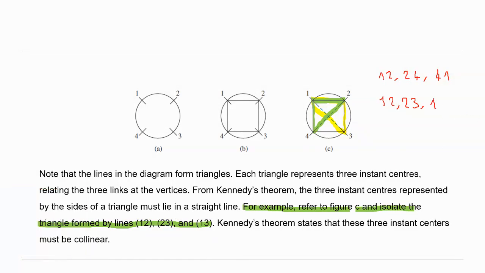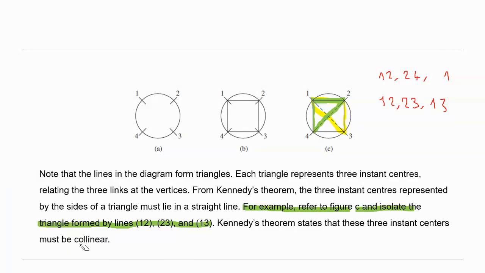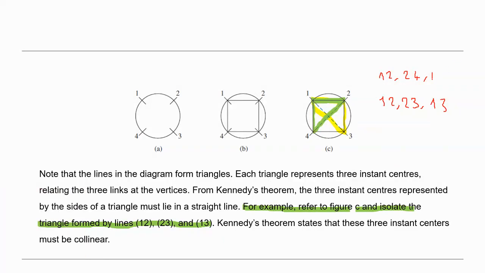And here we can write also 1-4. So 1-3 and 1-4. Kennedy's theorem states that these three instance centers must be collinear, must be on the same straight line.